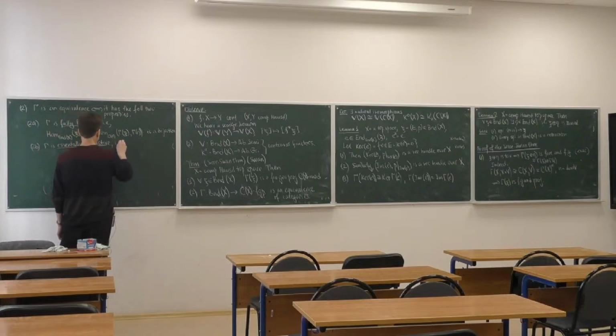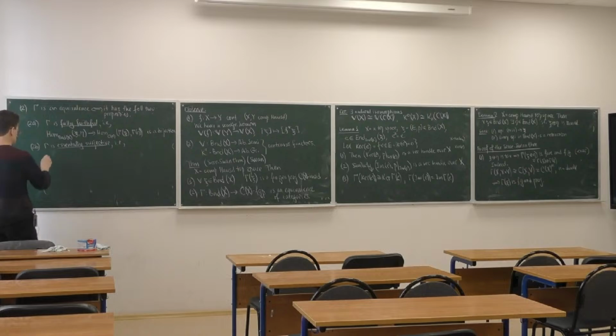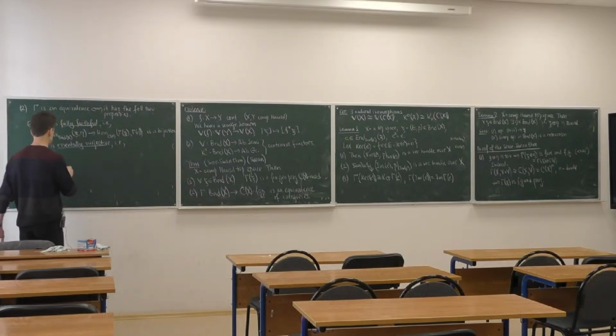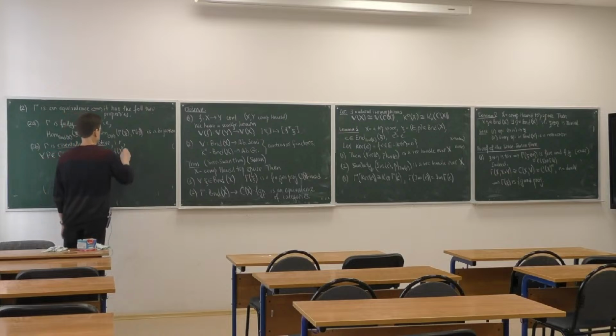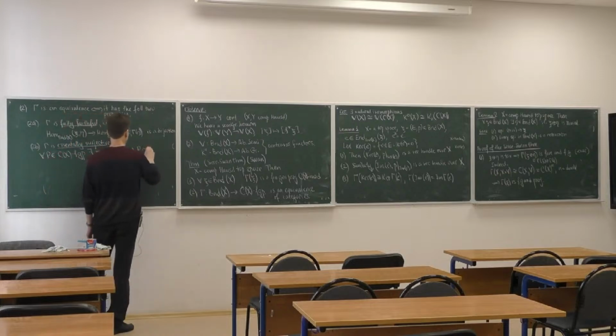Which means that for every object of the second category, so now this is the category of finitely generated projective C of X modules, we can always find a vector bundle psi such that P is isomorphic to gamma of psi.